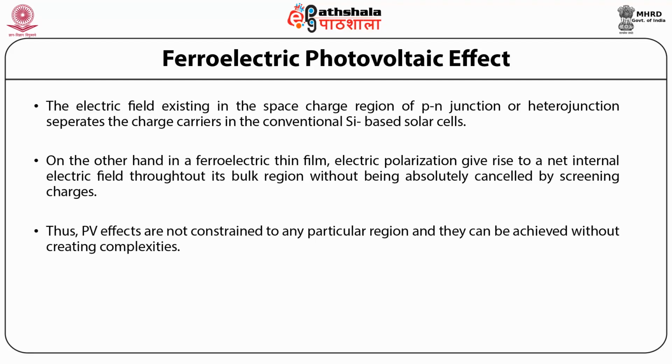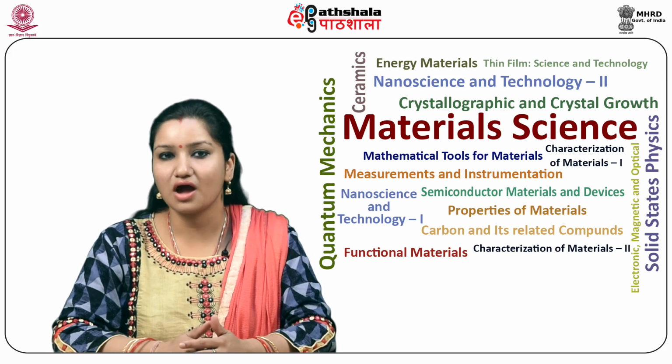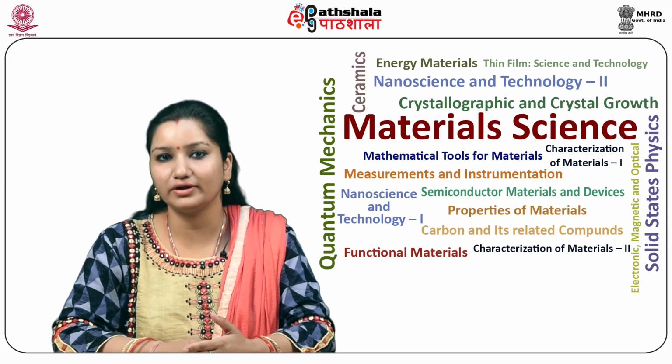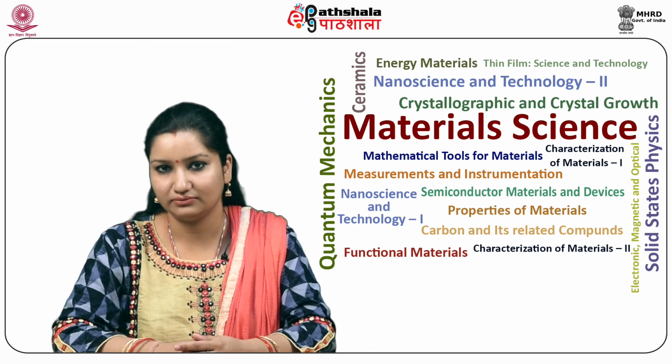Thus, photovoltaic effects are not constrained to any particular region and they can be achieved without creating complexities. Moreover, diffusion does not restrict the charge propagation and the output photovoltage is not confined by an energy barrier.